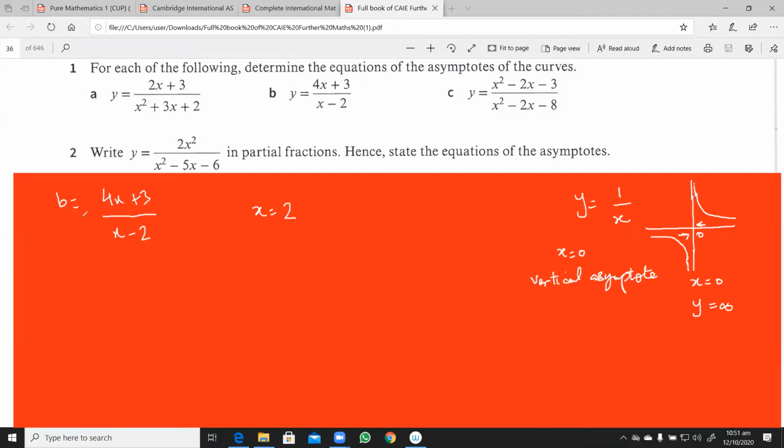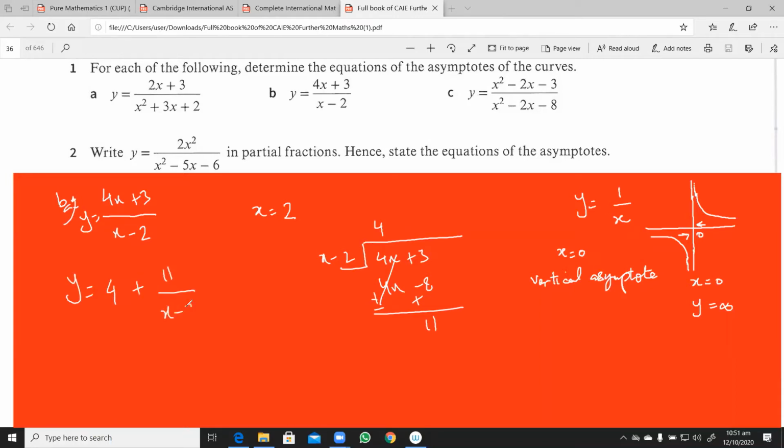So this is an improper fraction over here. I need to convert this into the sum of a polynomial and a fraction. So this is x minus 2, so this is going to be 4x minus 8, and this is going to be 11. So this y can be written as 4 plus 11 over x minus 2.